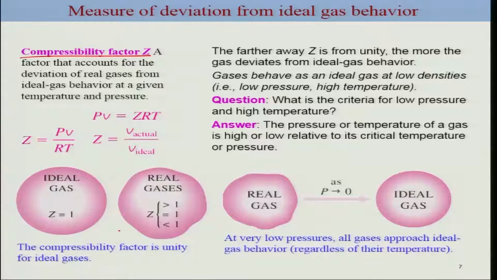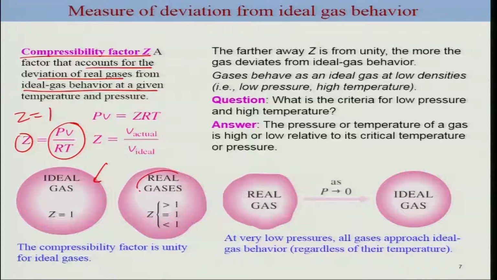Okay, and this is the factor that accounts for the deviation of real gas from ideal gas behavior at a given temperature and pressure. So we can write in this form that Z is nothing but PV by RT. Okay, so for the case of ideal gas, Z is 1. Okay, and any deviation from Z equal to 1 is a representation of deviation from the real gas properties or from the ideal gas behavior.